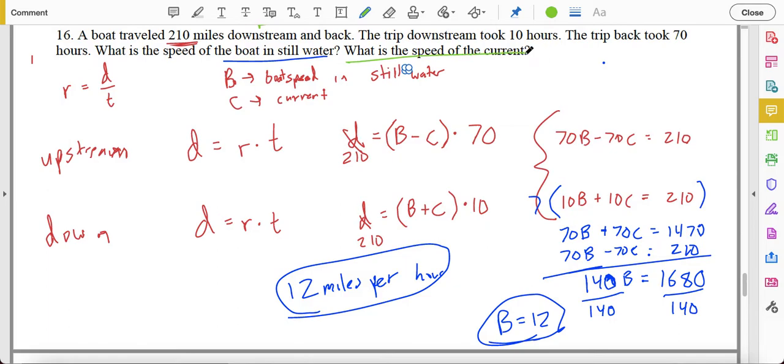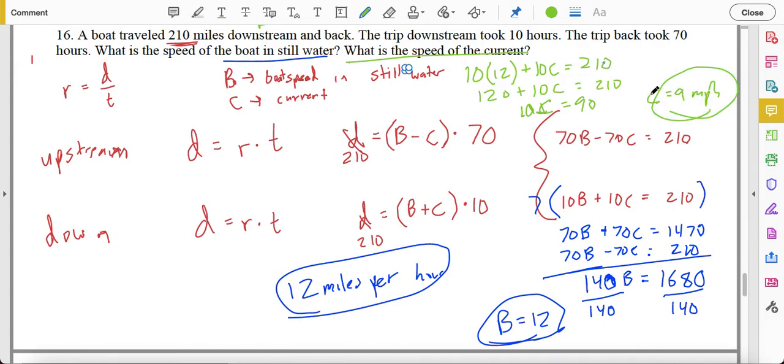We can plug it into this equation: 10 times B, which is 12, plus 10C equals 210. 120 plus 10C equals 210. 10C equals 90, subtracting 120 from each side. Divide by 10, we get C equals 9 miles per hour. So 12 miles per hour on the boat, 9 miles per hour is the speed of the current.